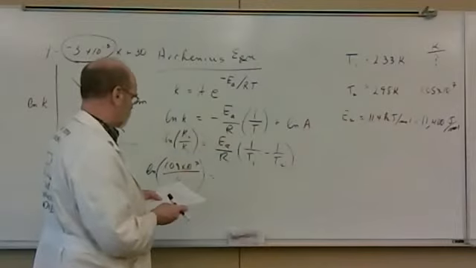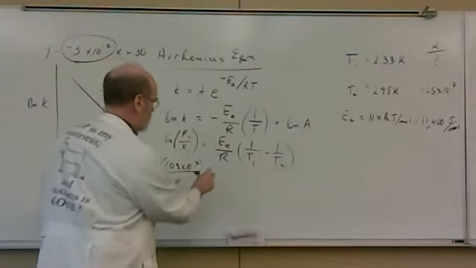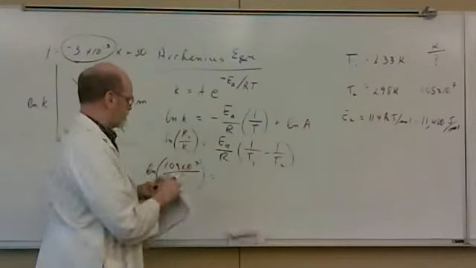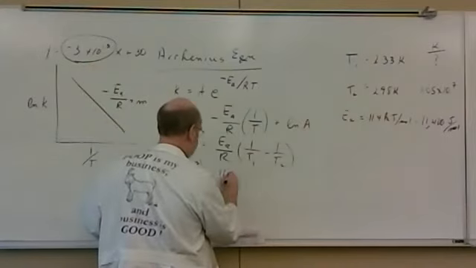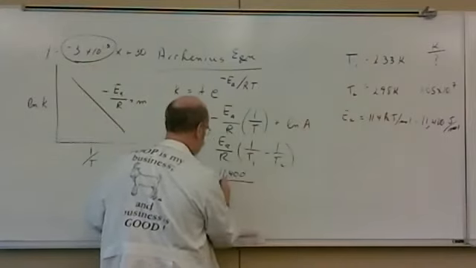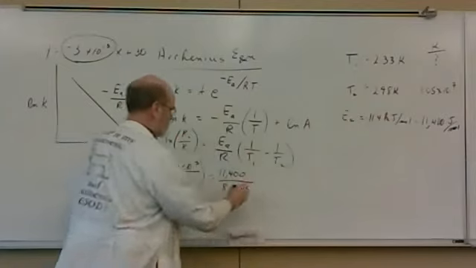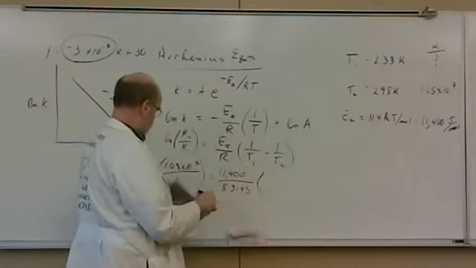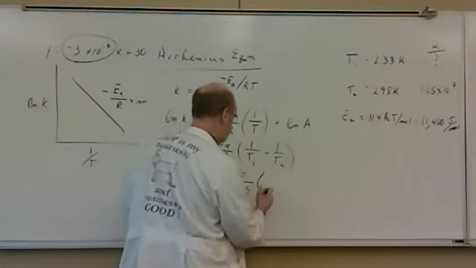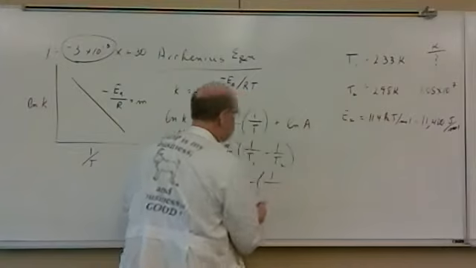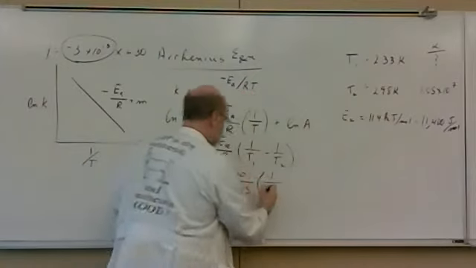And we're changing it to joules because of the R. Because of the R, yes. So it makes it 11,400. And then R is 8.3145. I'm not putting the units in, but probably want to do that. And then T1 is 233.